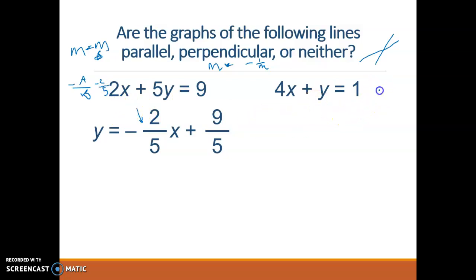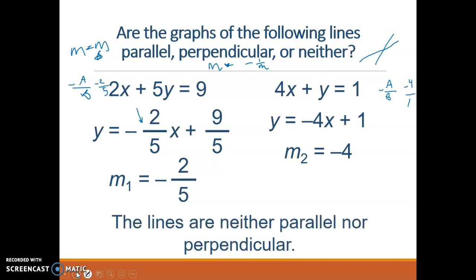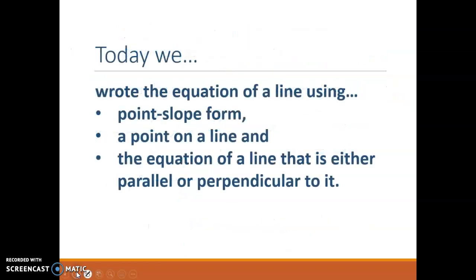Over here, our negative a/b, if we don't want to put it in slope-intercept form, is negative 4/1, or just negative 4. According to our definitions, these slopes are not parallel because they're not the same. They're not perpendicular because they're not negative reciprocals of each other. So these two lines are neither parallel nor perpendicular.